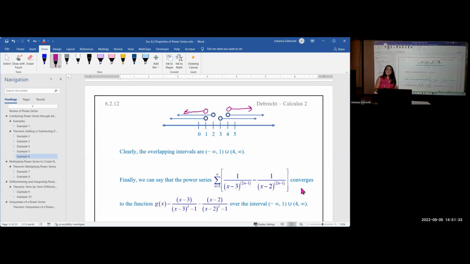Now, what does it converge to? What's the function? What's the rational expression? It converges to g of x equal to (x minus 3) over (x minus 3) quantity squared minus 1, minus (x minus 2) over (x minus 2) quantity squared minus 1, and again over that interval of convergence. Now, could you get a common denominator?